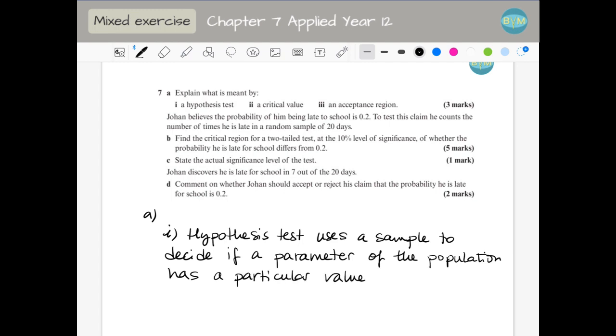And that's precisely what we call a hypothesis. So we are checking a hypothesis.